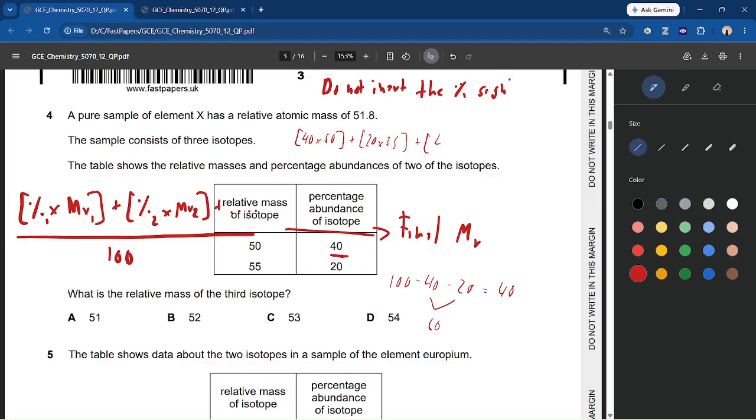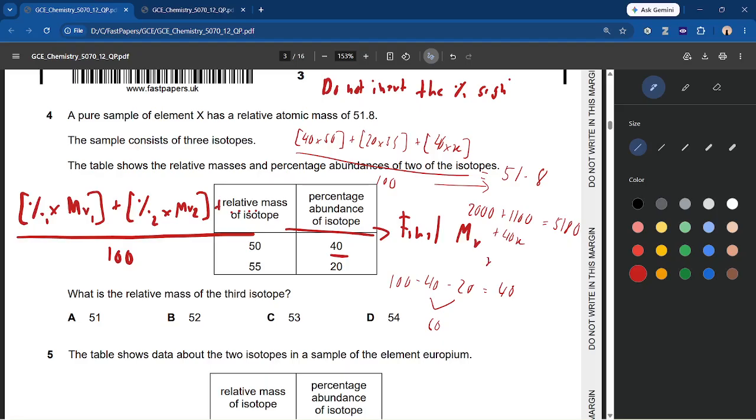So this will be 40 times X. And then you divide all of this by 100, and this will equal 51.8. So if you do the math, you'll get around 2,000 plus 1,100 plus 40x is equal to 5180, because you're doing cross multiplication.